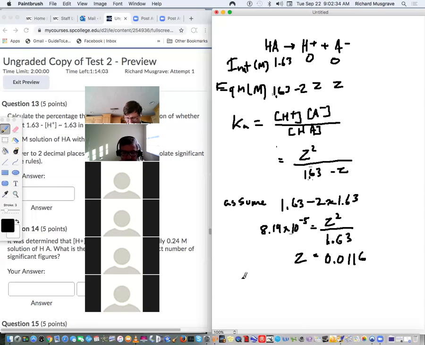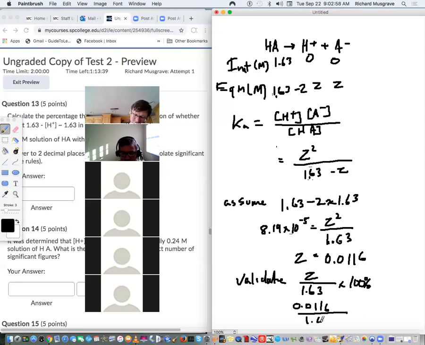Now the percentage that we're talking about here, so this is to validate the assumption. We do Z divided by 1.63. That's the part divided by the whole multiplied by 100%. So it'd be 0.0116 over 1.63 multiplied by 100%.